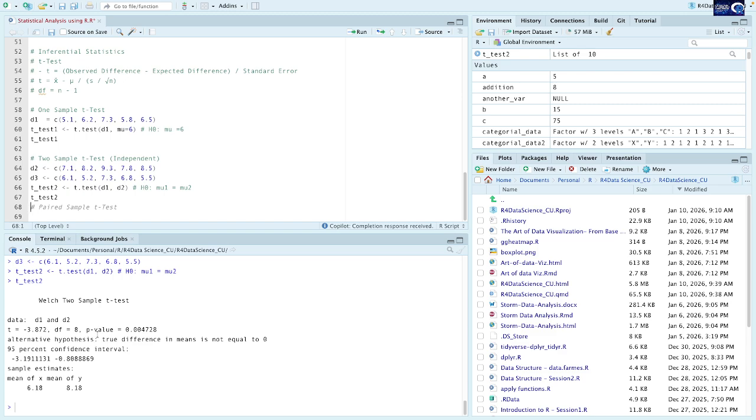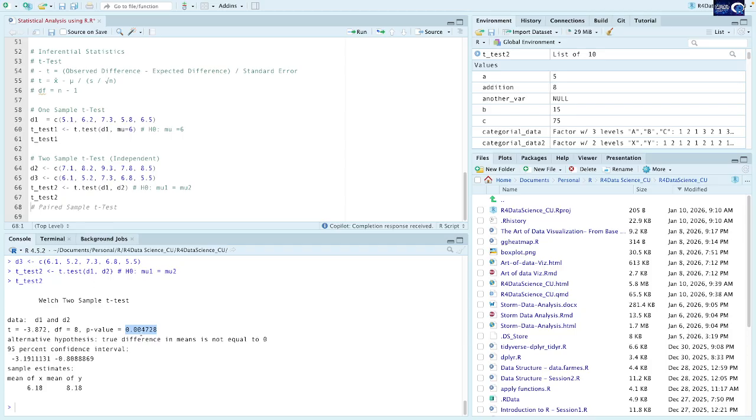Then we have the p-value. As usual, if the p-value is less than the significance level, like 0.05, we reject the null hypothesis and conclude there is a statistically significant difference in both data sets. Here the p-value is less than 0.05, so there is a significant difference in the two data sets.